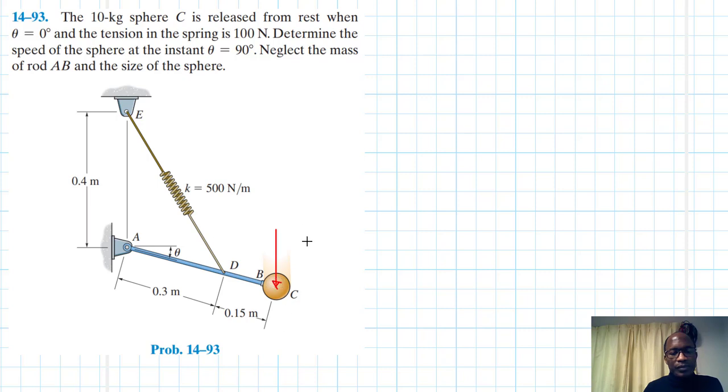and it's W. We are now being asked to determine the speed of the sphere at the instant theta equal to 90 degrees. We have been told that the sphere was at rest when theta is equal to 0 degrees.